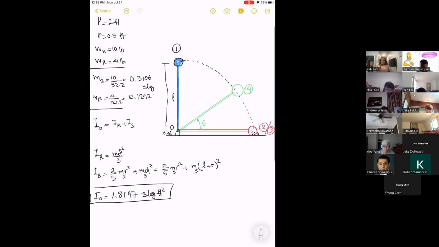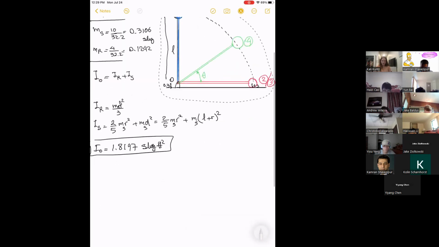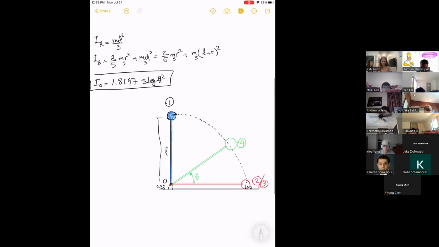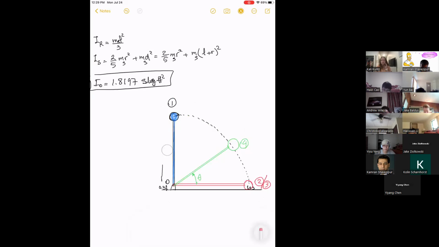So let me move the whole schematic down so we can deal with it. As I said, we have 3 steps here. And let's get rid of these things. We know what this means. From 1 to 2, what happens when this goes and hits the ground?